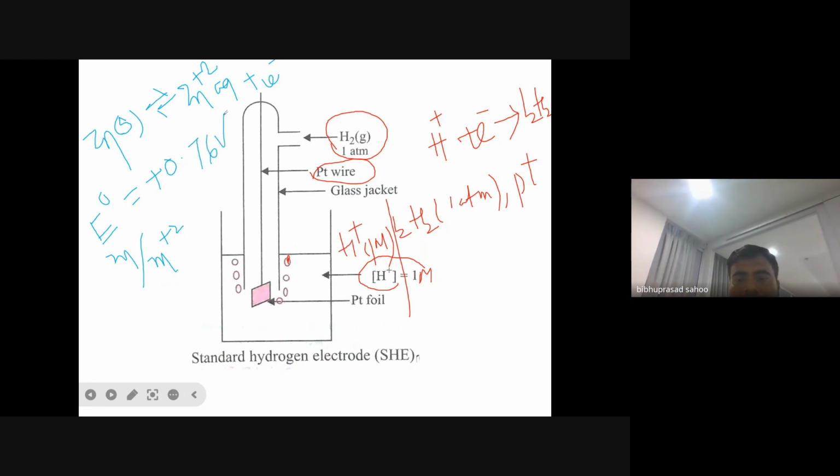Same way, Zn2 plus plus 2 electrons becomes Zn, and E naught for Zn2 plus to Zn is equal to negative 0.76 volt. Students, are you there? Are you getting me, whatever I am teaching?